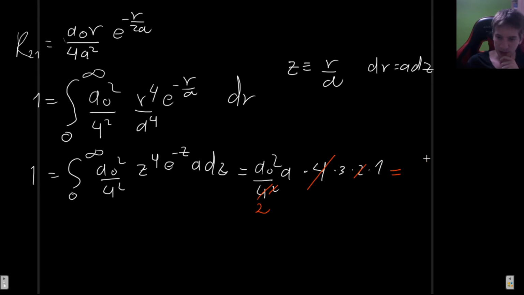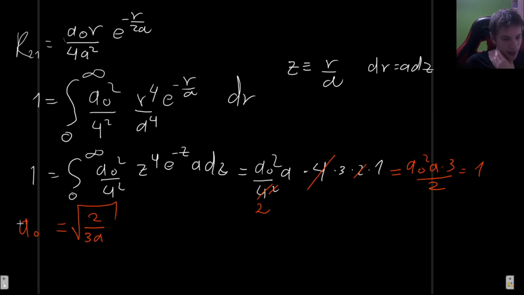So the result in the end will be a0 squared a times 3 divided by 2. And from here, we can now find a0, because this has to be equal to 1. So a0 squared, let me just make sure we cancel that. Yes, okay. So a0 squared will be 2 divided by 3a, and a0 will just be the square root of that.